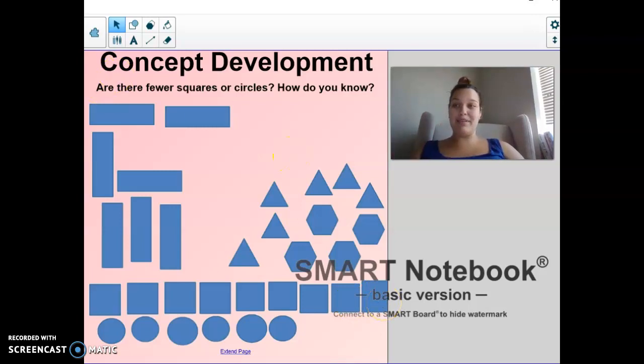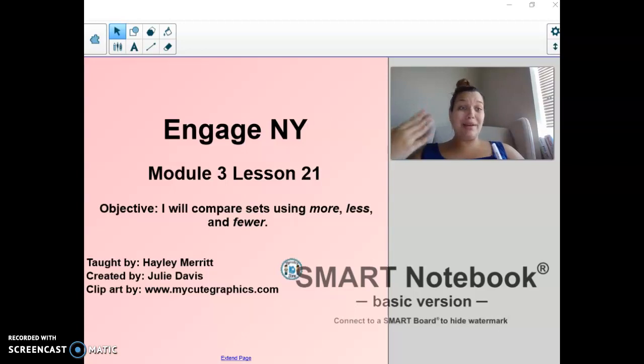Great job. So you guys went above and beyond with your objective today. I like going back to this slide because it shows us what we were supposed to learn and we can check off if we learned it. So we said that we will compare sets using more. Did we figure out which one had more? Yeah, we did a few of those problems.